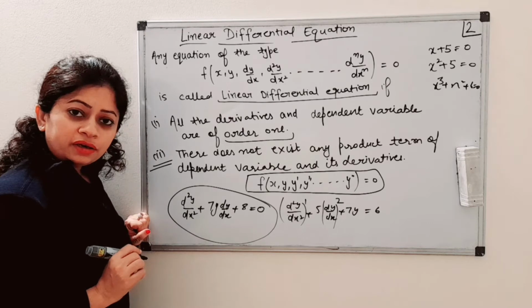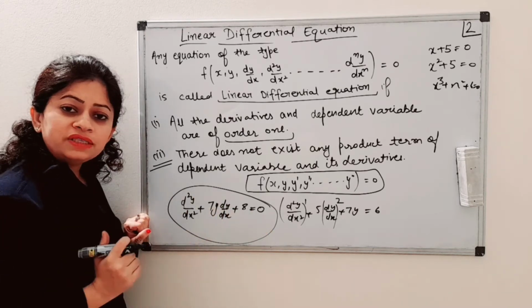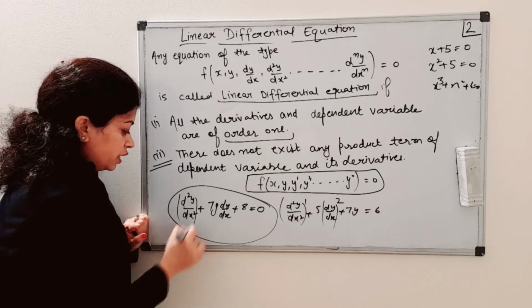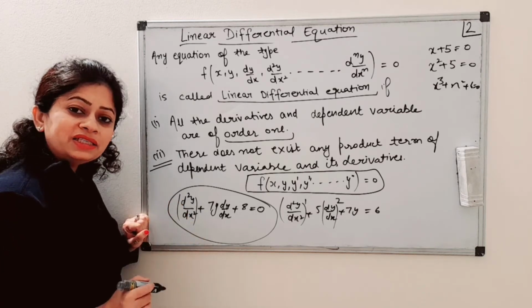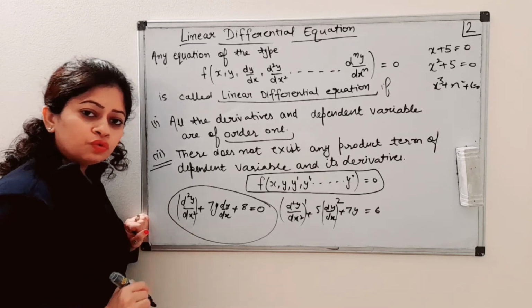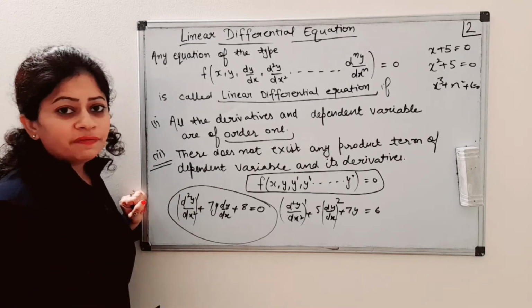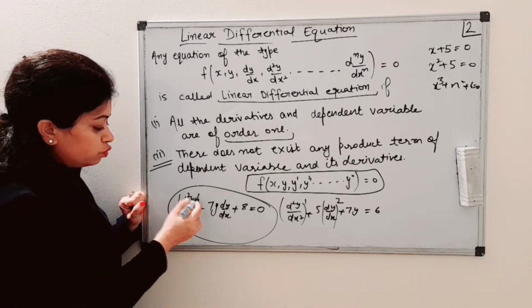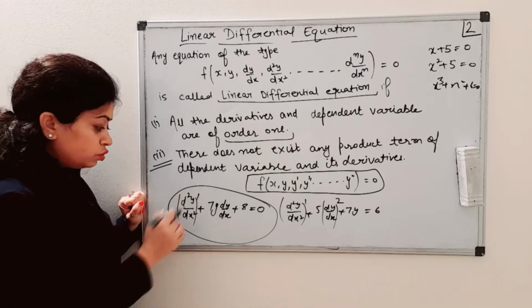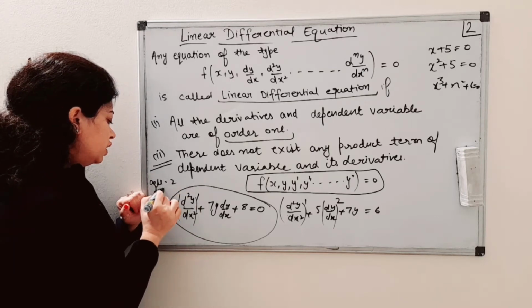Now we will check. What is the order of this differential equation? Order is 2, because the highest order derivative is 2. And I will ask what is the degree of this differential equation? Then you will say the degree is 1. So order is 2, degree is 1.